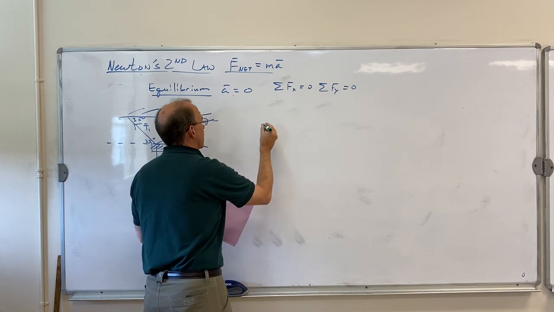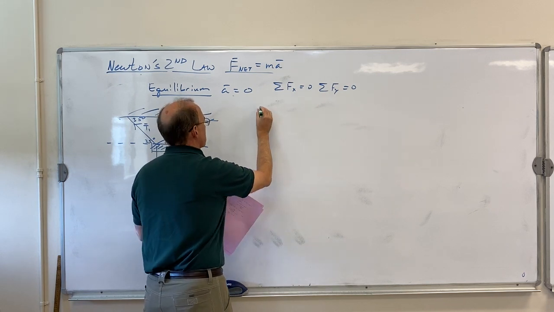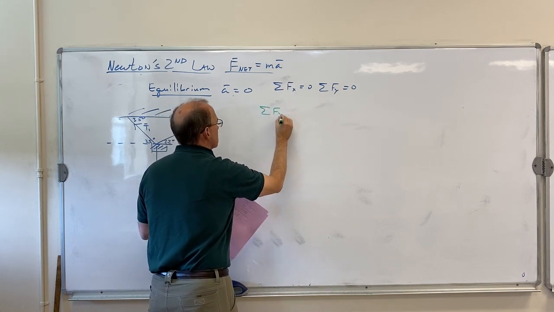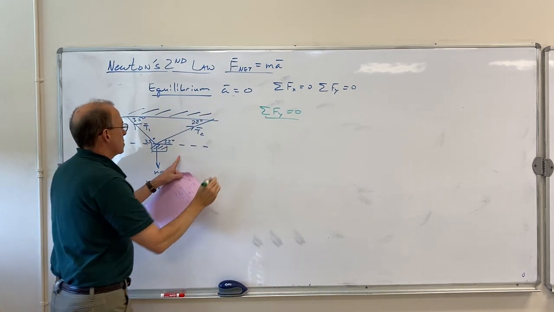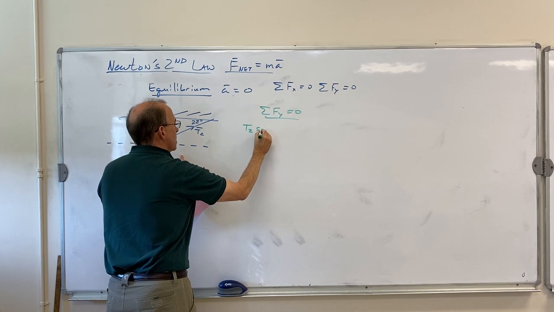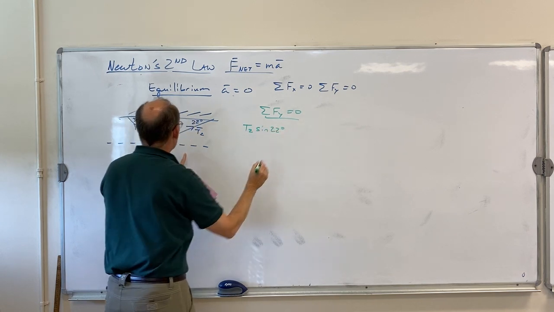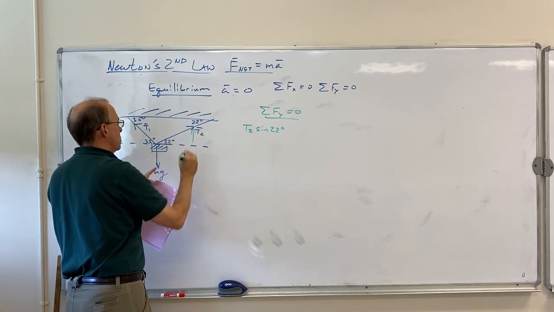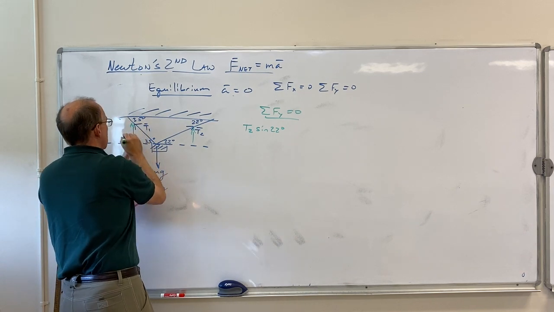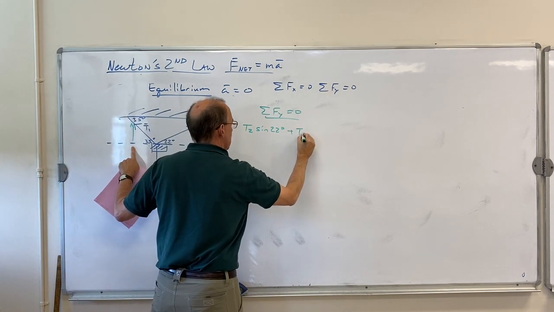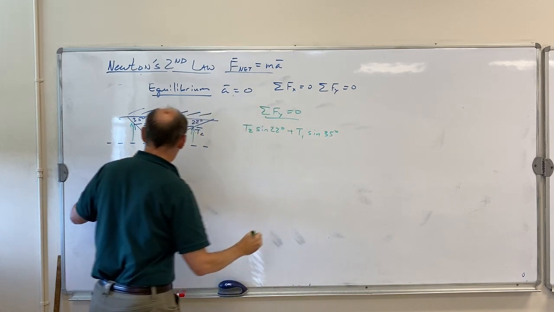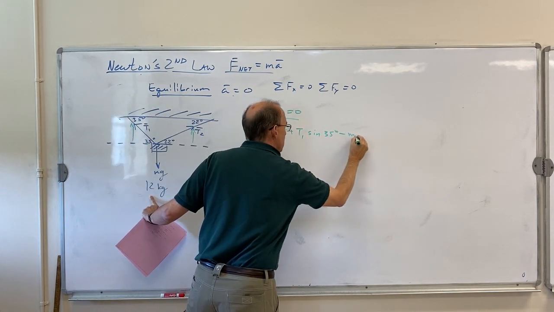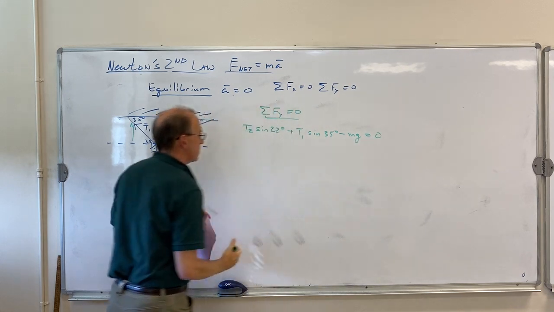So in the x direction, actually I did y first in my notes. So in the y direction, the sum of the Fy is 0. So I've got T2 sine 22. That's T2y. T1y is plus T1 sine 35 minus mg equals 0.